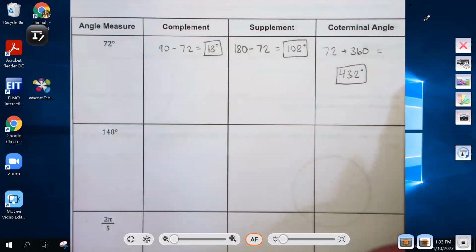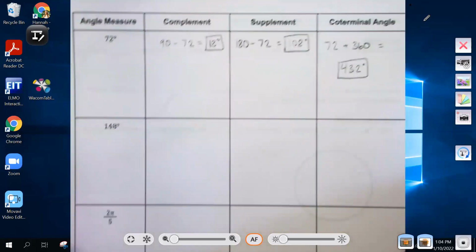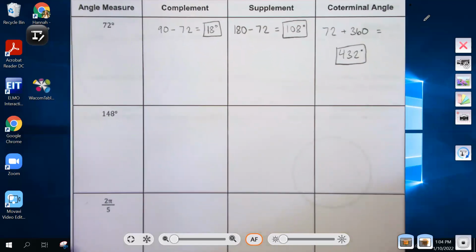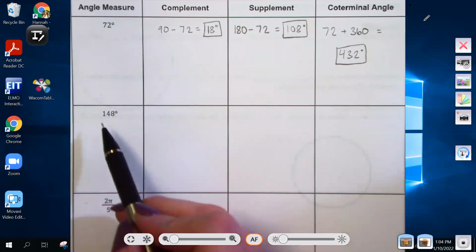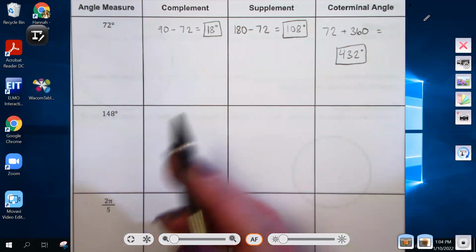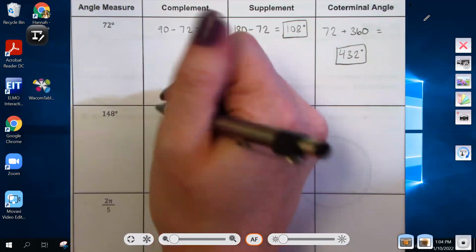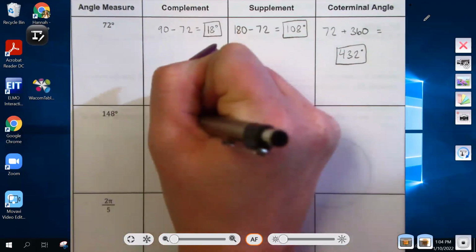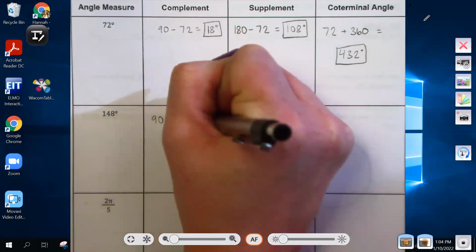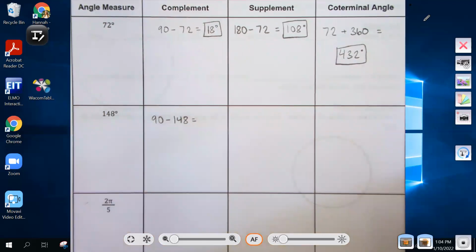Okay. So all we had to do is find one coterminal angle. So we're just going to stop there. Actually, I'll just do all of these with you. So let's look at 148 degrees. To find the complement, we start with 90 and subtract the angle. What's 90 minus 148?